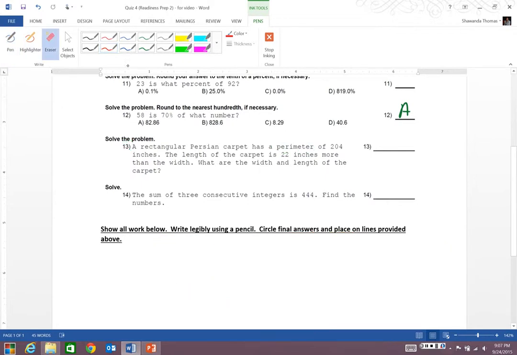Alright, for number 13, we are given that a rectangular Persian carpet has a perimeter. So you put given: P equals 204 inches.